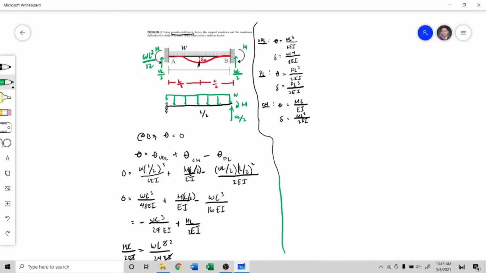Now, finally, i-solve na natin yung ating delta, no? Yung ating maximum deflection. So, ang delta natin would be just contribution ni UDL plus contribution ni moment minus contribution ni point load.